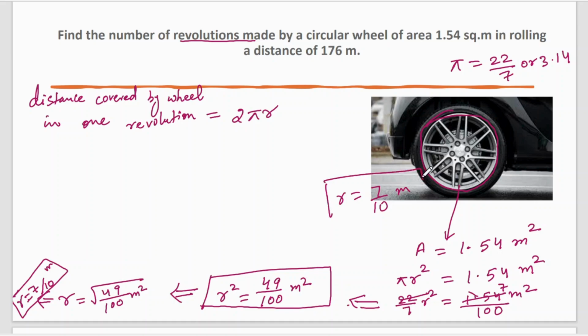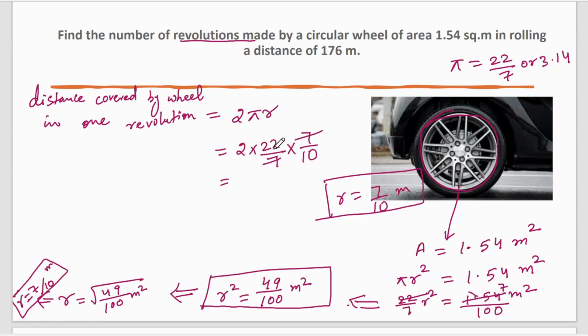Now we are going to use this to find the distance covered by the wheel in one revolution. So what is that? It is 2 into pi, that is 22 by 7, into r. Now we have got r as 7 by 10. You can cancel out because it is a very easy calculation here.